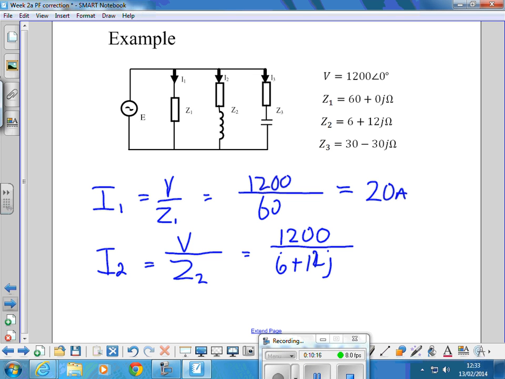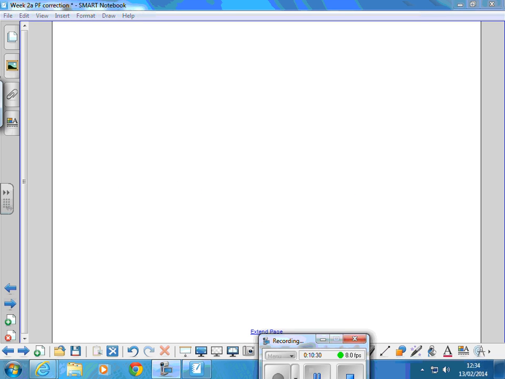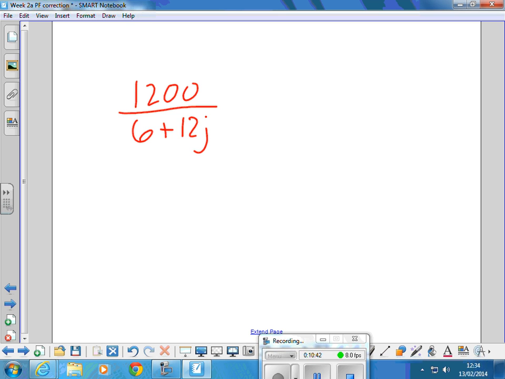I don't want to convert the bottom one to polar form. Do that calc on a separate page. 1200 over 6 plus 12J.